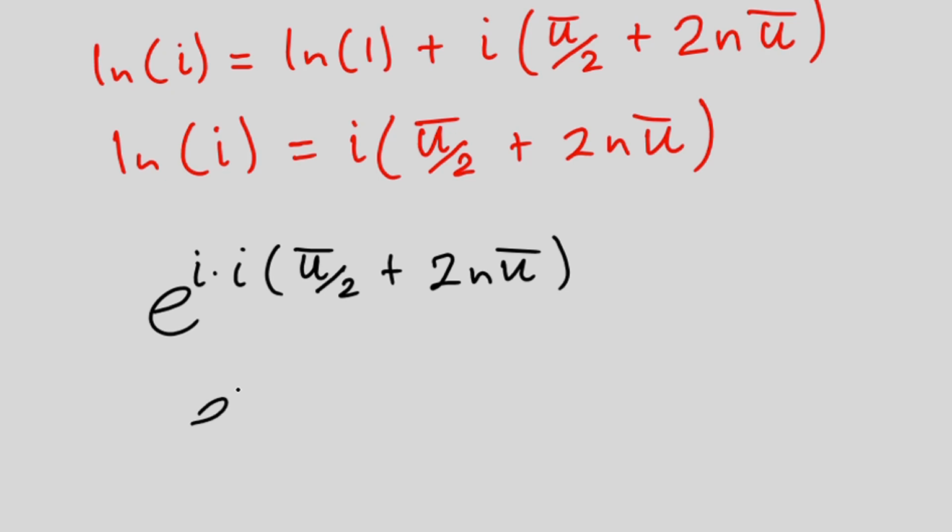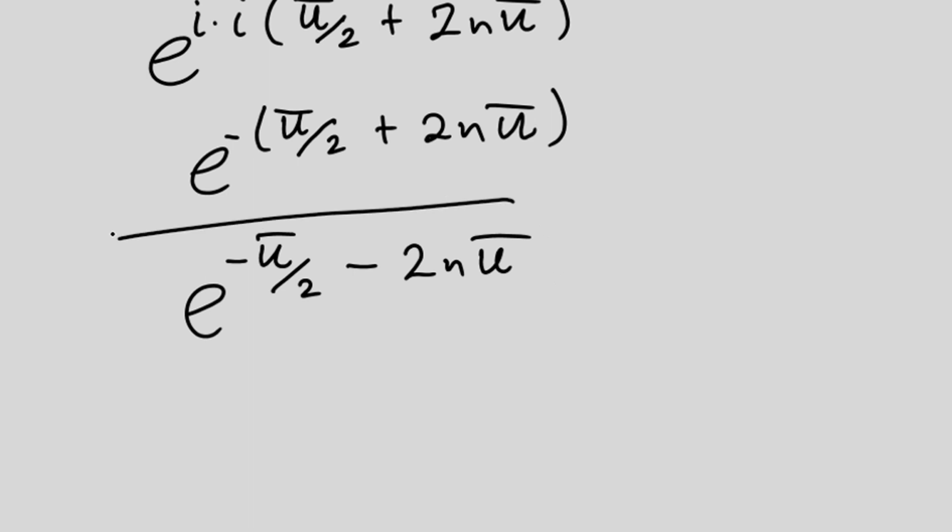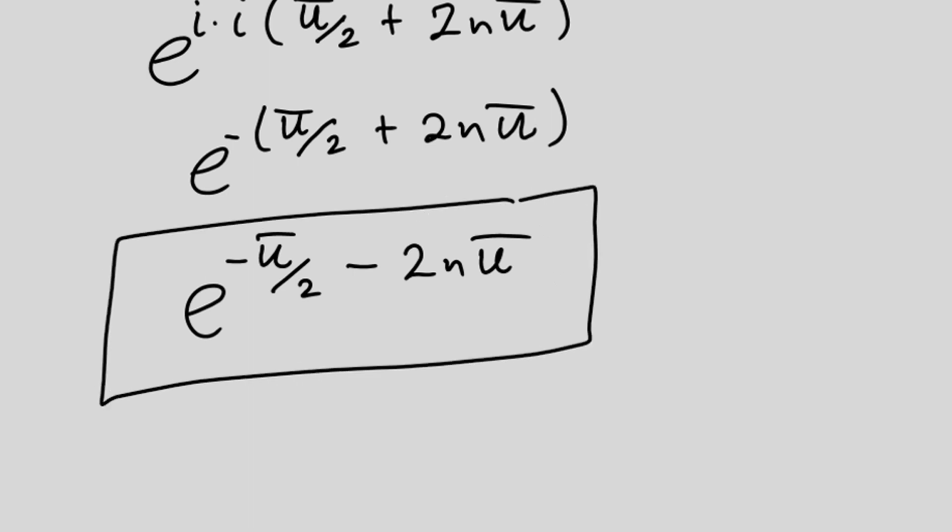So we're going to have e to the power -1 times pi divided by 2 plus 2n pi. And guess what? You can keep it here, or you can just distribute this negative. So we're going to have e to the power minus pi divided by 2 minus 2n pi. And guess what? This is the final answer.